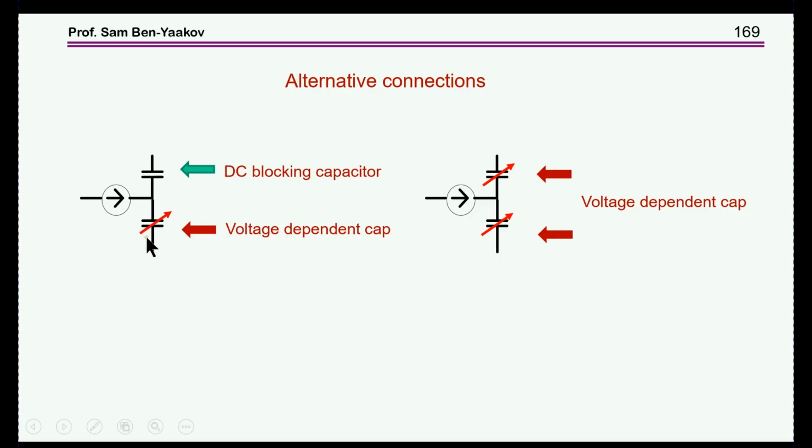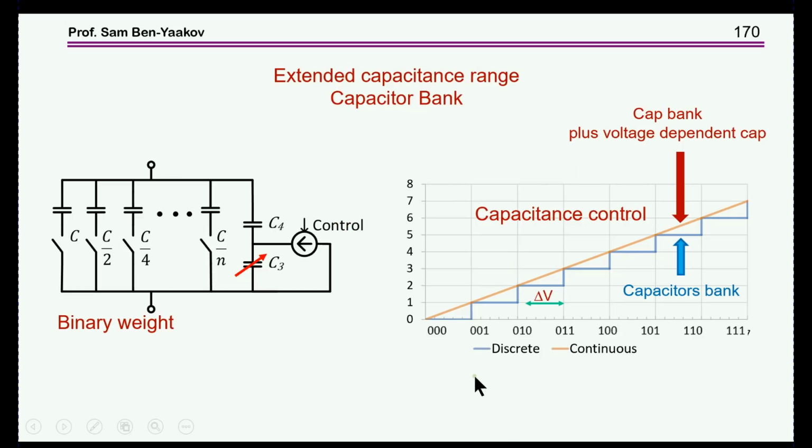Again, we can use one variable capacitor with a DC blocking or two variable capacitors. And here is another point that I like to explain, which could be very, very useful to whoever wants to use this technology. As I've said, it's public domain.